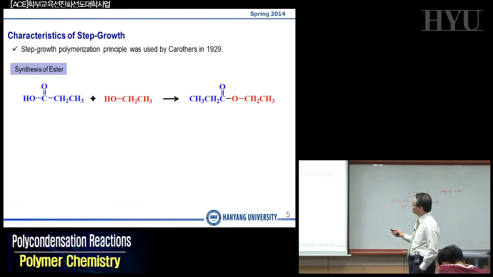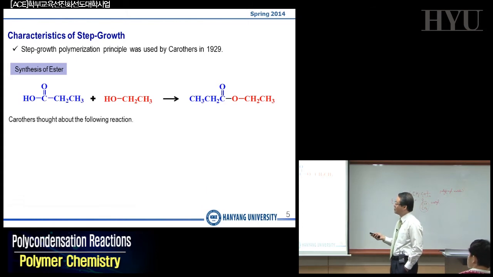So you have ethyl propionate. Okay, this is the ester, and you form 1 mole of water from this reaction. But there is no further reaction after forming this ethyl propionate.